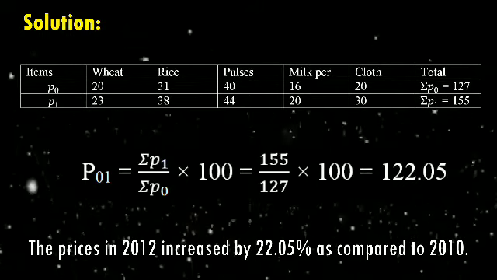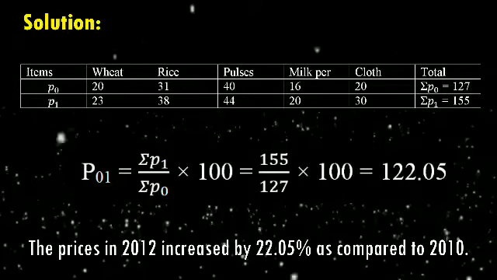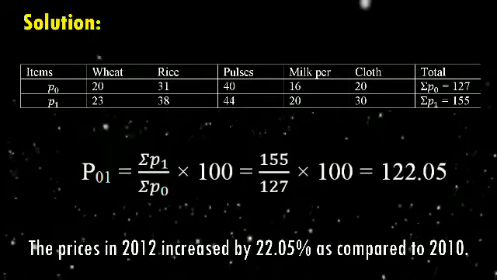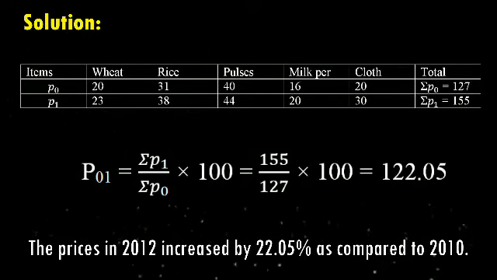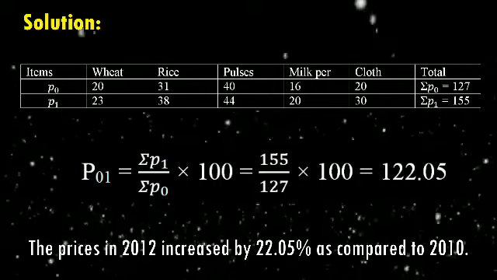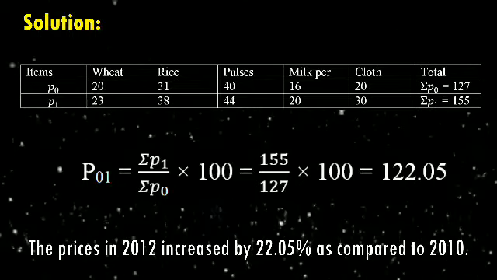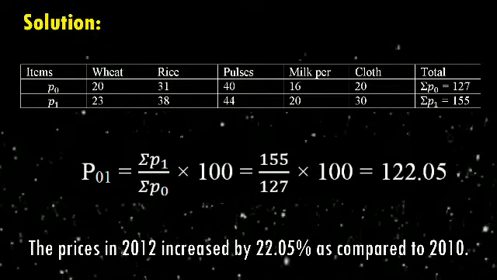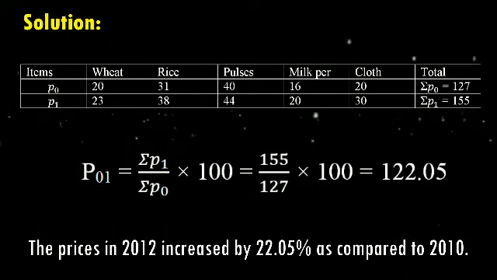Here, since the formula is multiplied by 100, since your intention is to find the index number value in terms of percentage, the formula was multiplied by 100. After multiplying the formula by 100, you got the answer as 122.05. So in this 122.05, 100 is the value for the base year which you have multiplied in order to convert this to percentage.